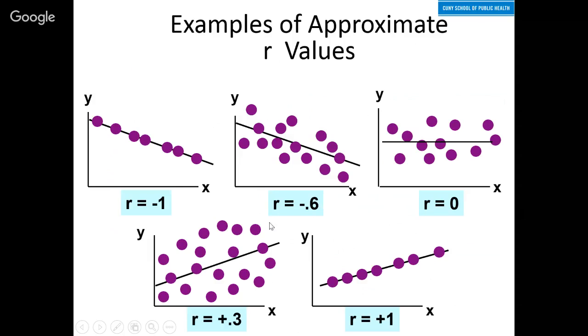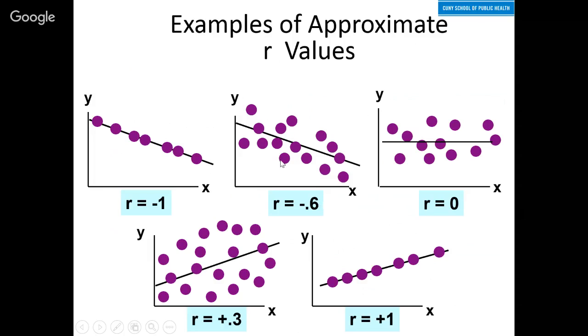Just to give you a bit of intuition about what these mean, here are some examples. Here's a perfect negative correlation, an R of -1, meaning the residuals are 0, the variation in Y is perfectly explained by changes in X. When X goes up, Y goes down, it's negative.